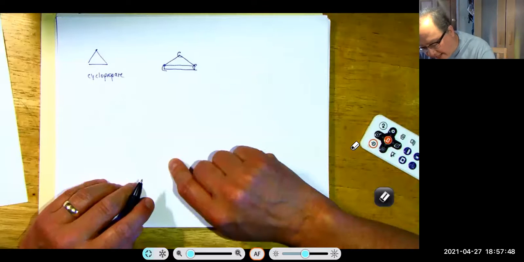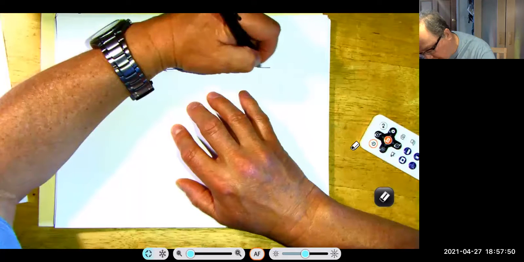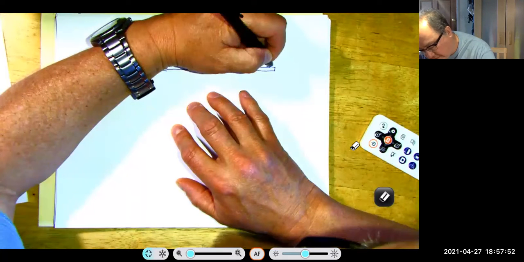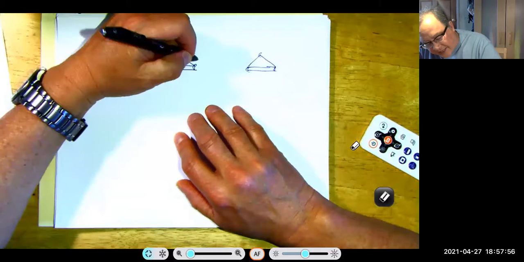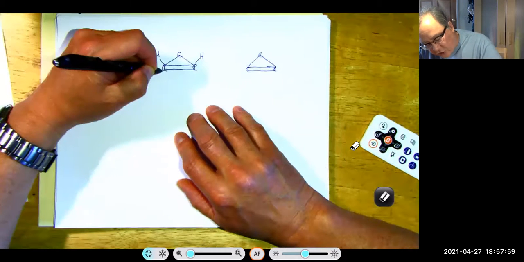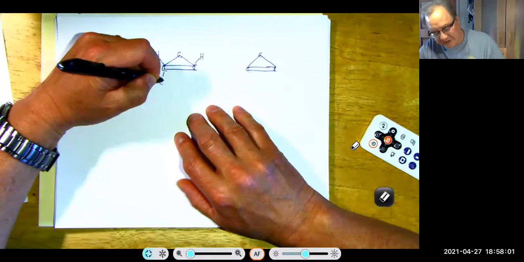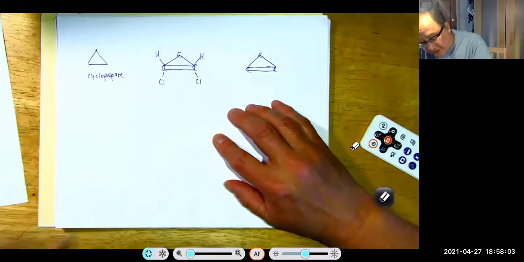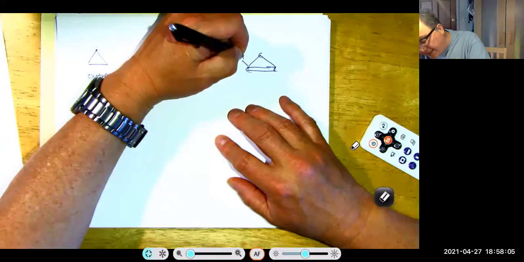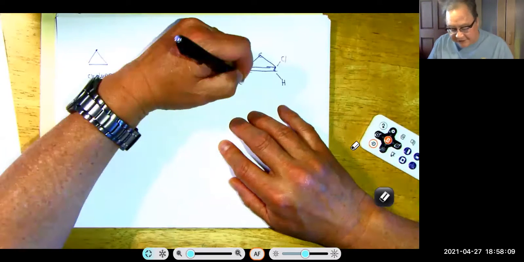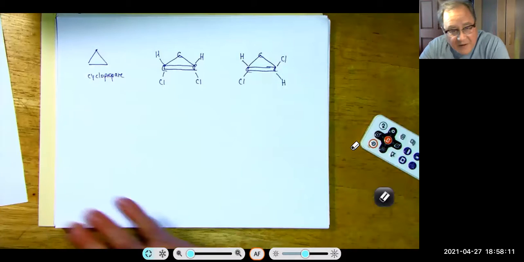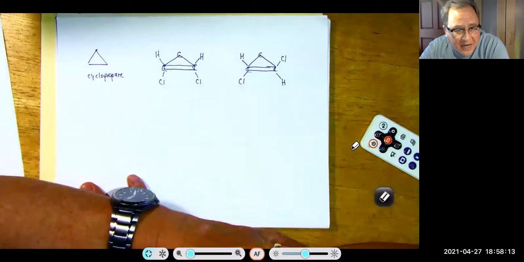And I'm going to draw that again. Now, if I have 2 hydrogens like this and 2 chlorines like this versus 2 hydrogens like this and 2 chlorines like this, does this give you the sense of hydrogens being on the same side and hydrogens being on opposite sides?